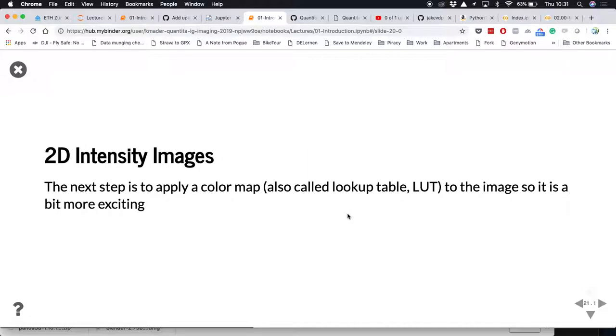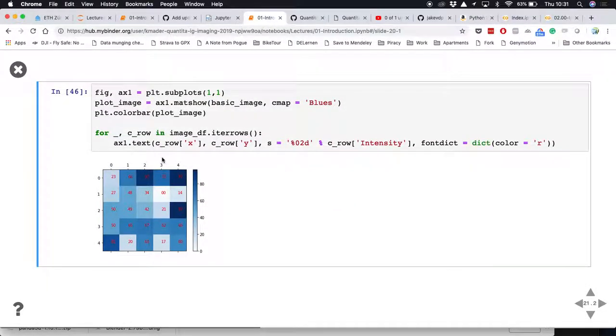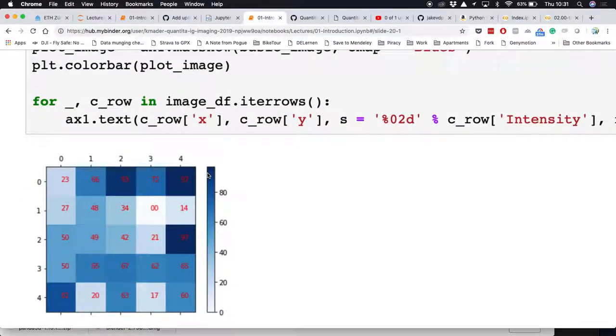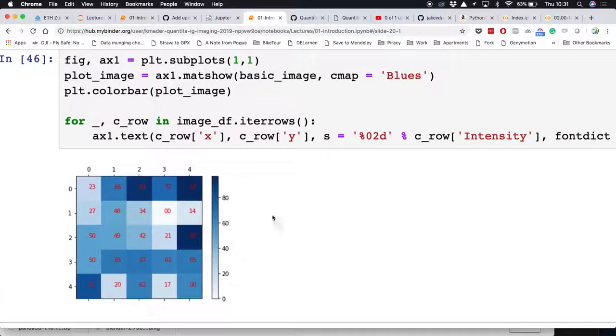That's just the lookup table applied to the image to make it look that way. Here we could also use blue as the lookup table, mapping each value in the image between white and dark blue. That gives us a slightly different representation.